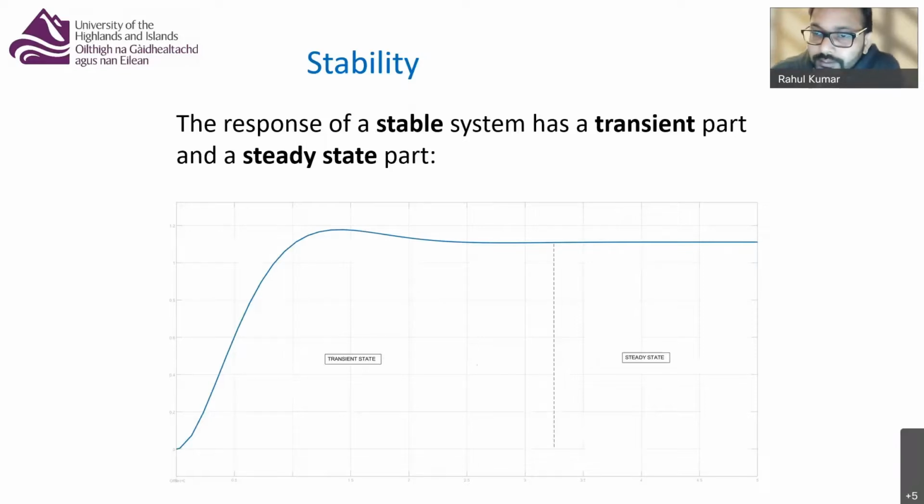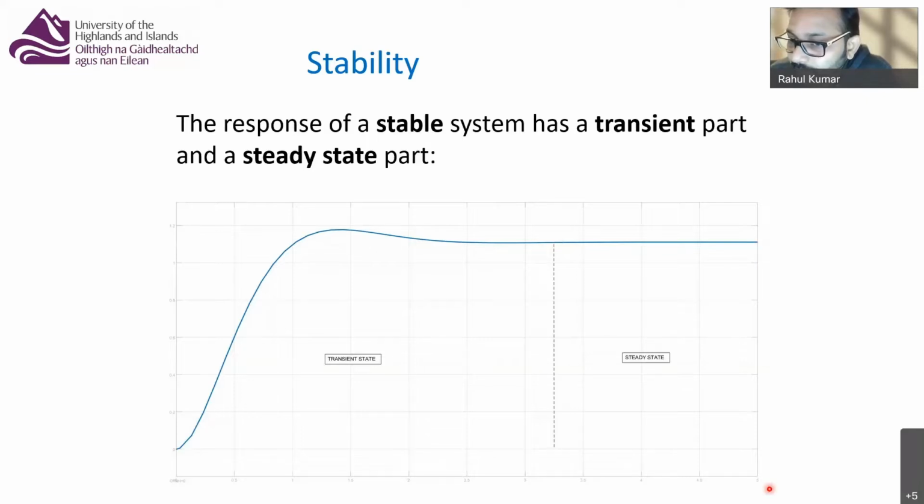So just to remind you that the response of a stable system has two parts. You have the initial transient part where your output is changing according to the input, and then you have the steady state part where your output is stable with respect to time.